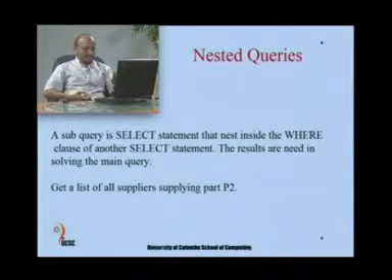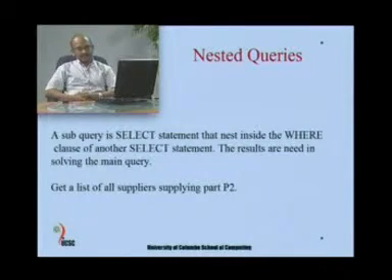For this purpose we are using an example where we list all suppliers supplying part P2. We assume there are data tables with a list of suppliers, a list of parts being supplied, and which supplier has supplied which parts. All those are in different tables.